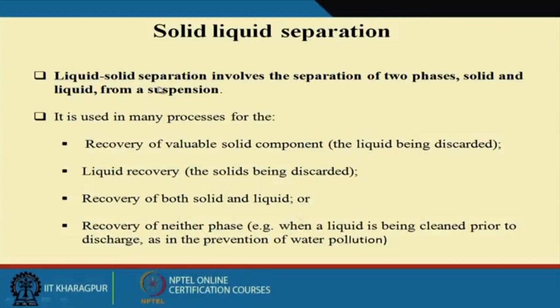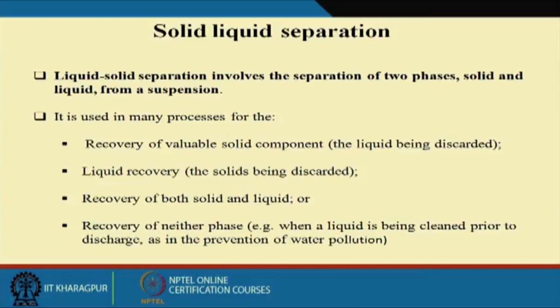And first, I have chosen solid liquid separation. This is a very important aspect in the downstream processing. Solid liquid separation involves the separation of two phases, solid and liquid, from a suspension. You know that solid may be of different forms.